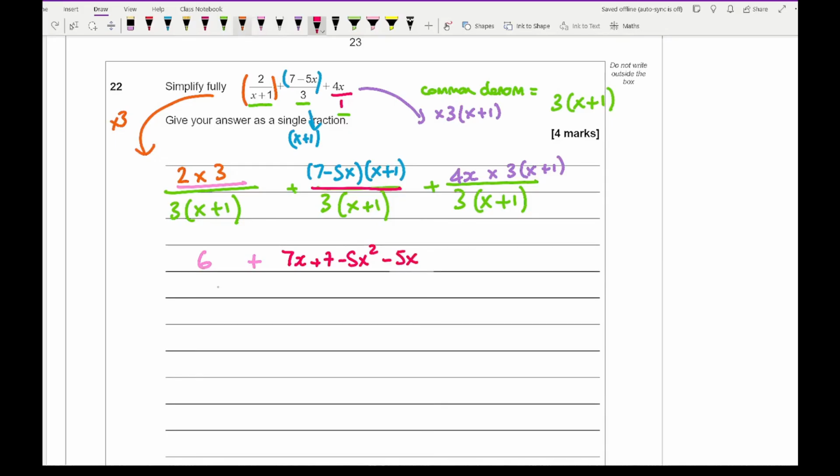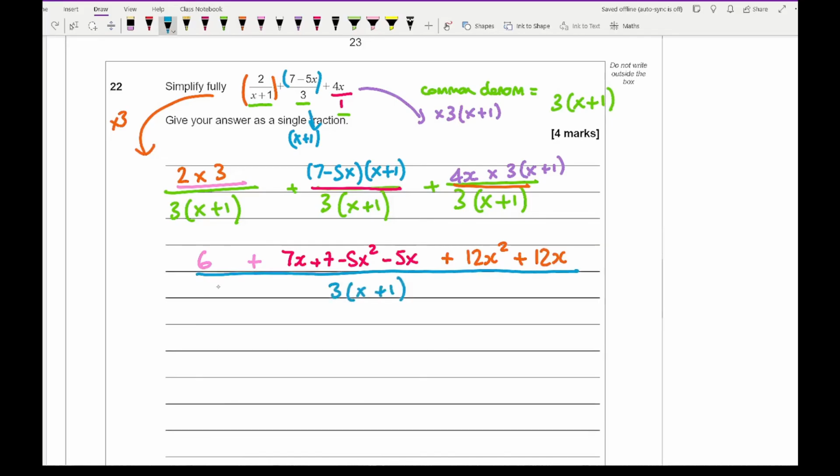Then if I simplify this numerator, I get 12x squared plus 12x, and that is all divided by 3 lots of x plus 1.